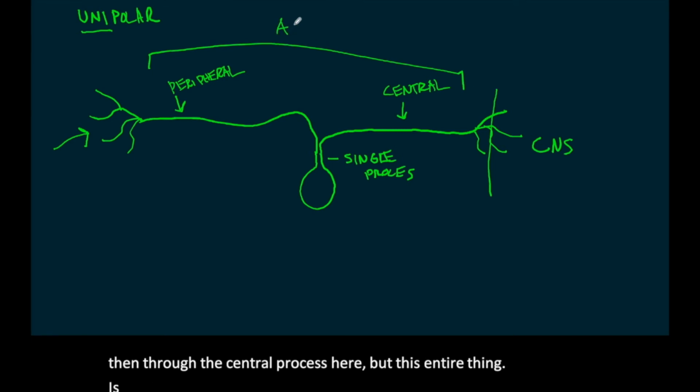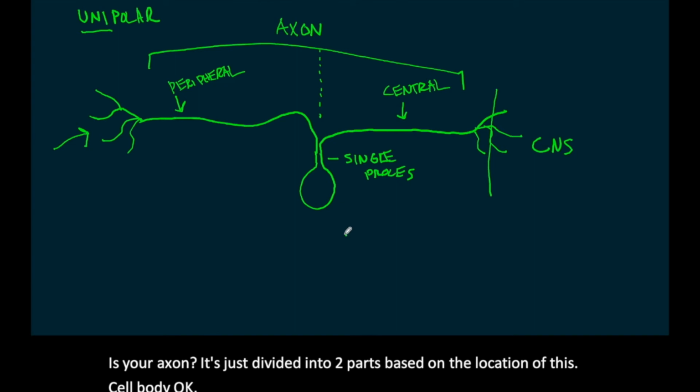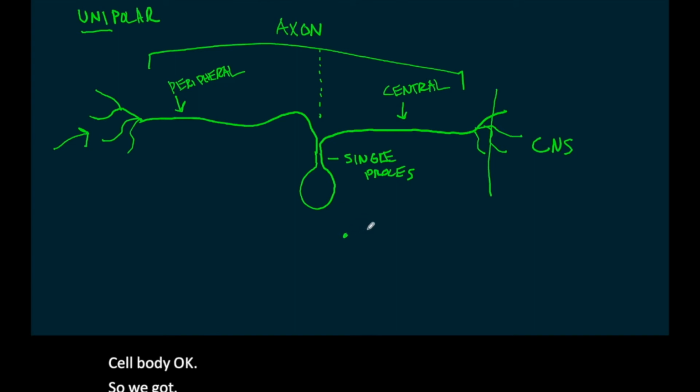It's just divided into two parts based on the location of this cell body. Okay? So we got a single short process and one long axon. And as I said, the example of this is your sensory neurons.